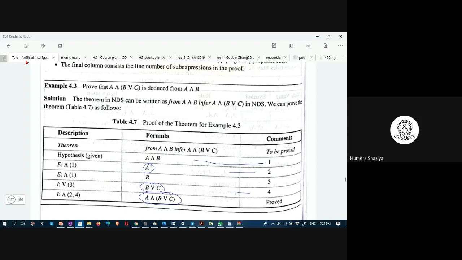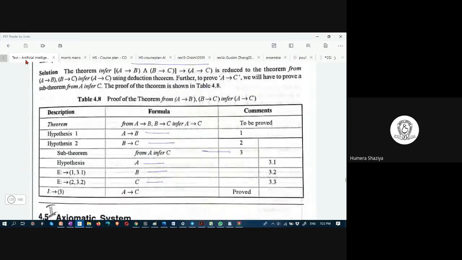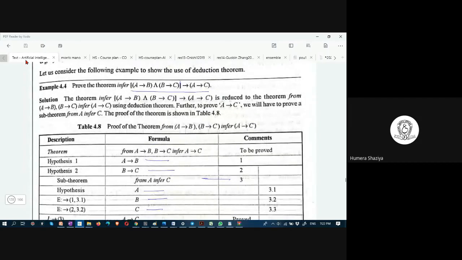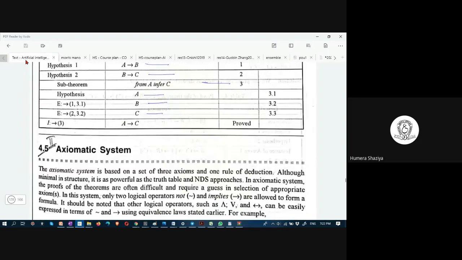Finally, we obtain this, and it is proved that this A and B or C expression can be proved from A and B. Another example we discussed proved the theorem to infer A implies B and B implies C, whole expression implies A implies C. This also was proved through those rules of NDS.